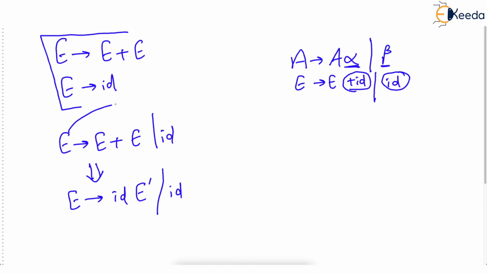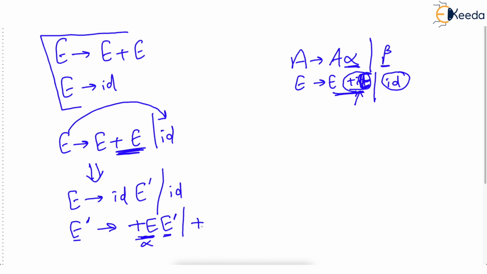Again you are preserving E derives ID, but E dash is a new symbol. So E dash should derive alpha E dash, and notice alpha is, I'm so sorry, it was E plus E, so alpha is plus E. So we will write alpha, that is plus E, followed by E dash. Correct? Because the second production is alpha E dash, or simply alpha. Plus E is alpha, isn't it?